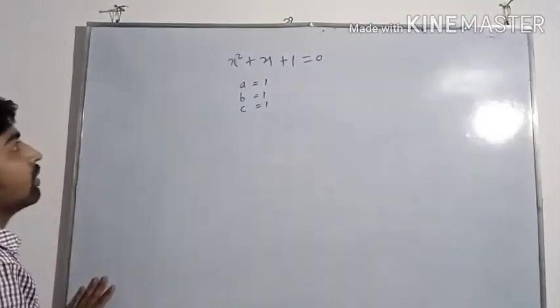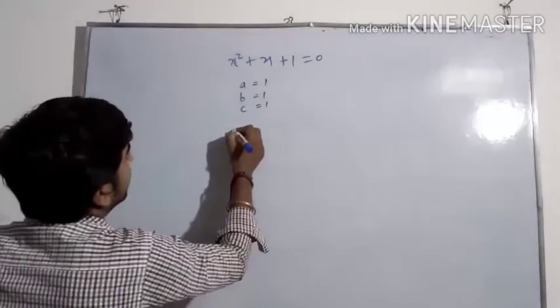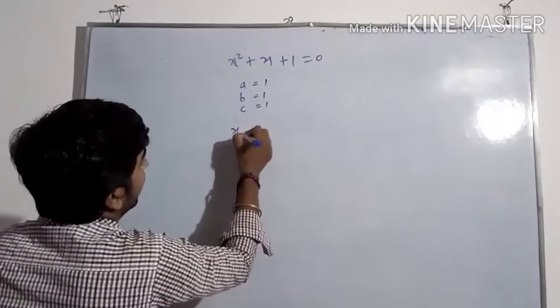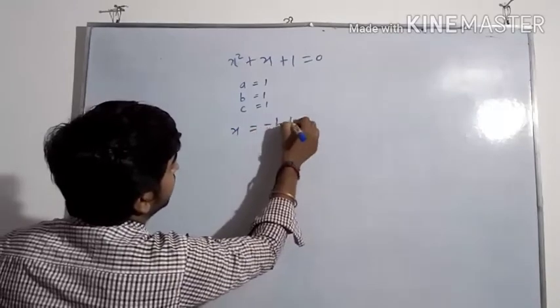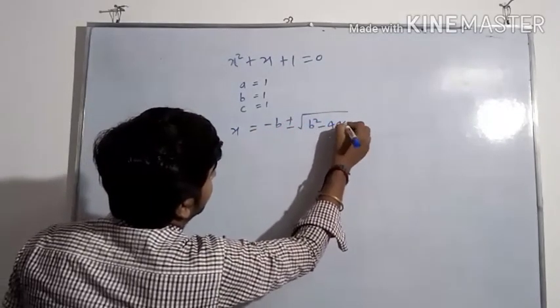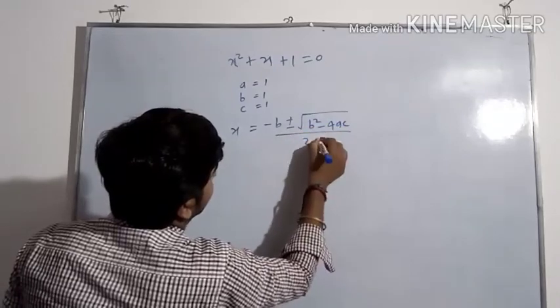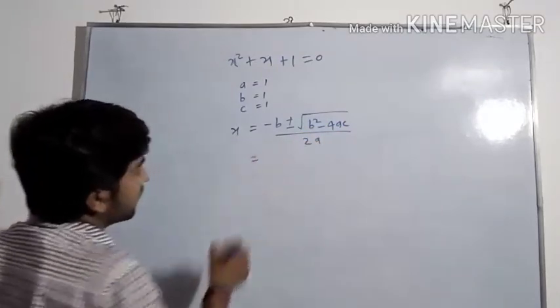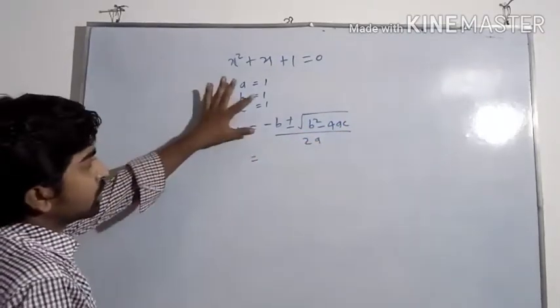Now, for roots of this quadratic equation, we use the formula x is equal to minus b plus minus under root b square minus 4ac upon 2a. Now we will put the values here. b is equal to 1.